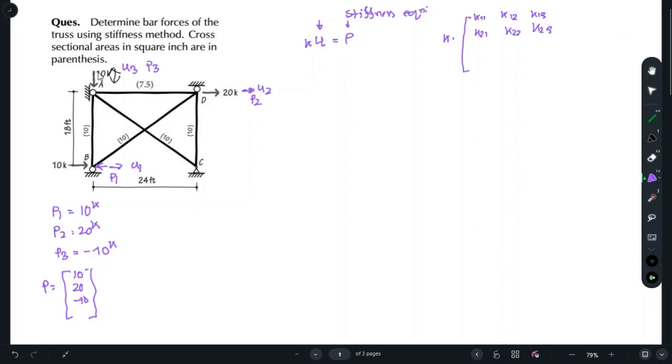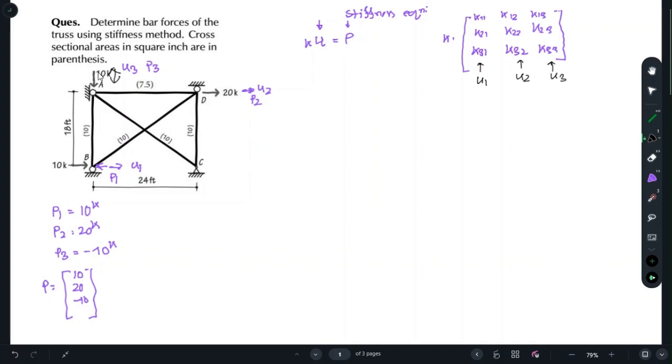These are the positioning of the entries: K31, K32, and K33. So the thing is that you will have to find out K11, K21, K31, these things. This column will come from the displacement E1, this column will come from U2, and this column will come from U3.